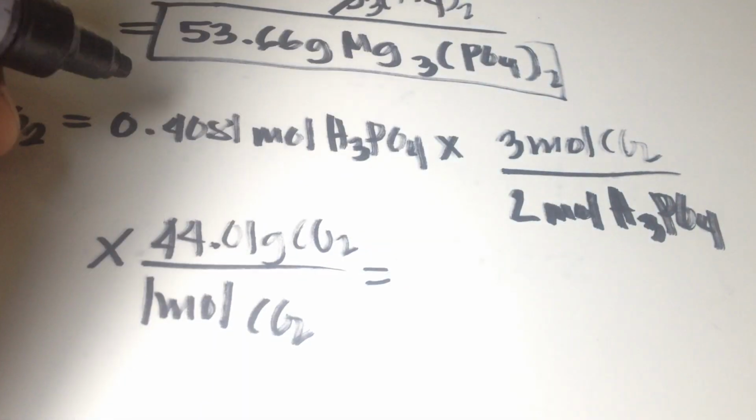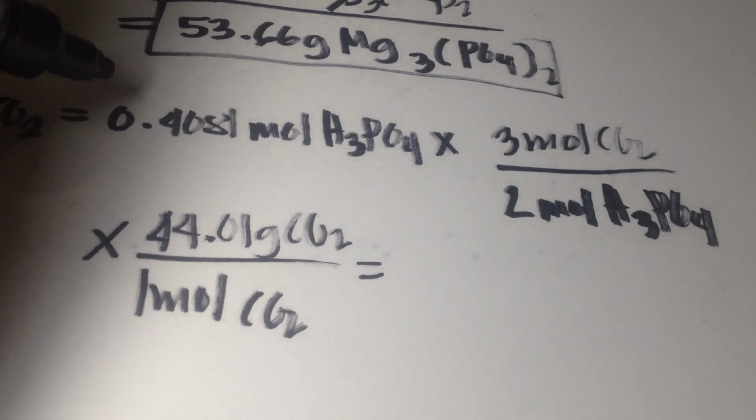So equals 0.4081 times 3/2 times 44.01 equals 26.9 grams of carbon dioxide.